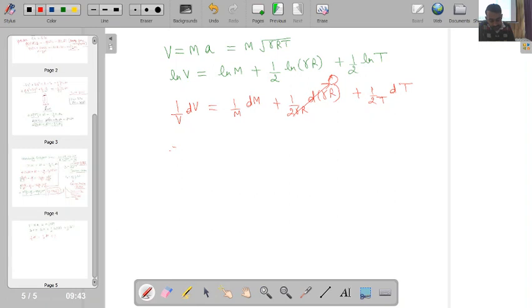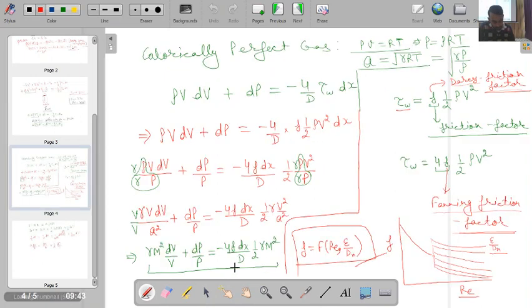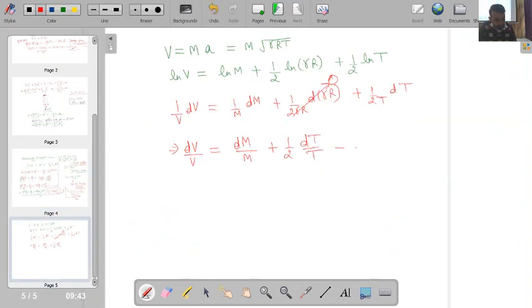So from here I can simply say that dV by V I can replace with dM by M plus 1 by 2 dT by T. Let me name the equation in the previous slide as equation number 1 and say this is my equation number 2, where I have calculated dV by V.